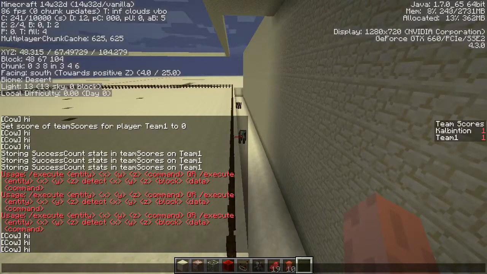How do you suggest then I set up the cuboid for stats block then? Oh, I see, the XYZ is for the block itself.